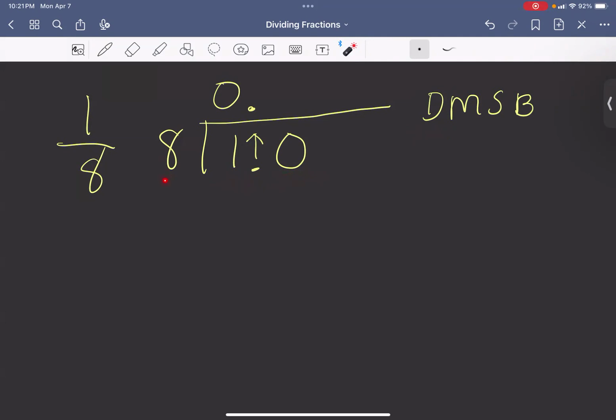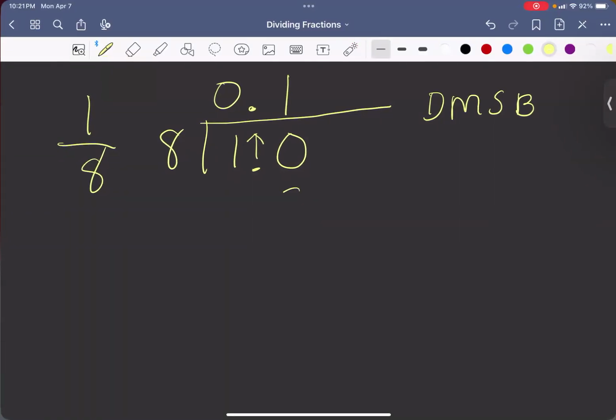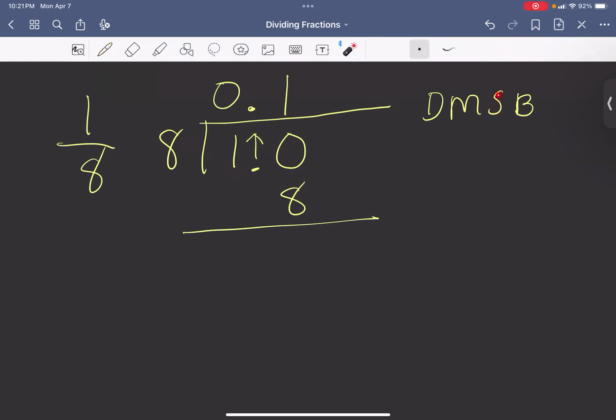So 10 divided by 8 is 1. Now I can multiply. 1 times 8 is 8. Now I can subtract. 10 minus 8 is 2.